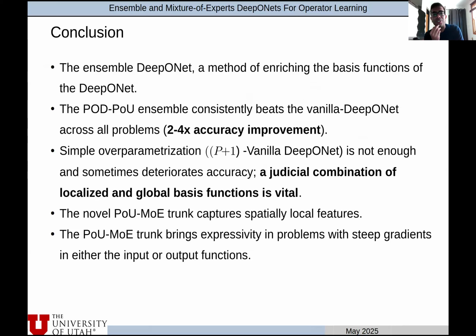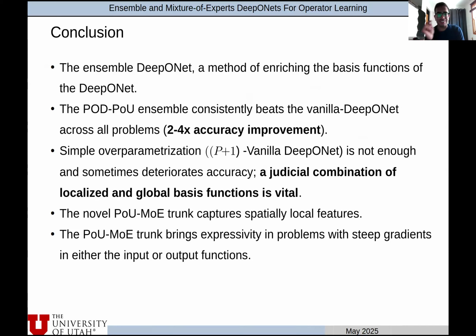So to conclude, I think the presentation ended up being a bit shorter, but the ensemble DeepONet that we introduce here, first of all, is a way of enriching the basis functions in a DeepONet, which is not that easily doable in other architectures, because there's no clear viewpoint of what a basis function is in many other neural operator architectures, for example, FNOs.